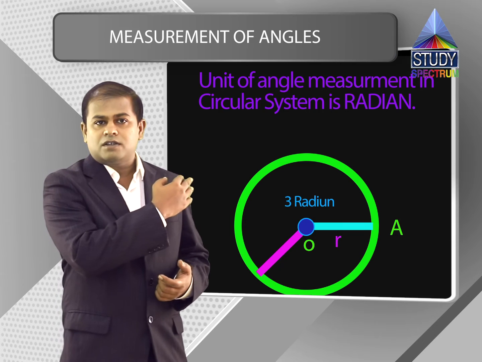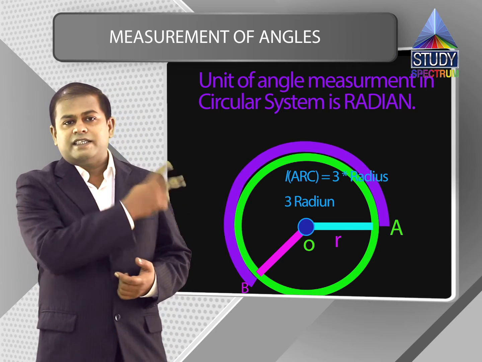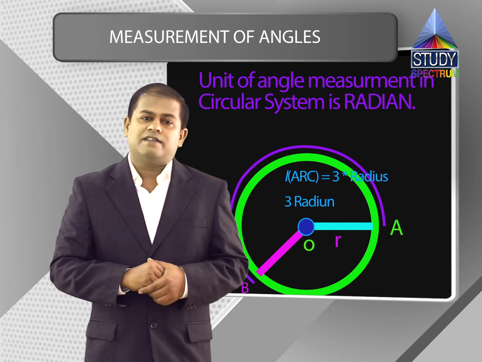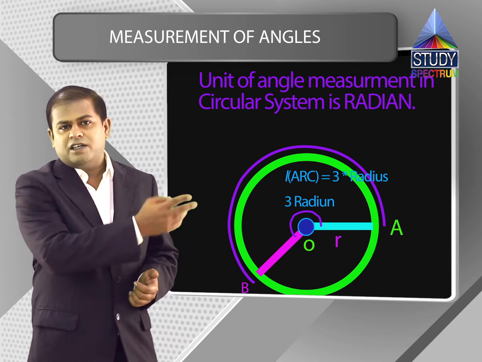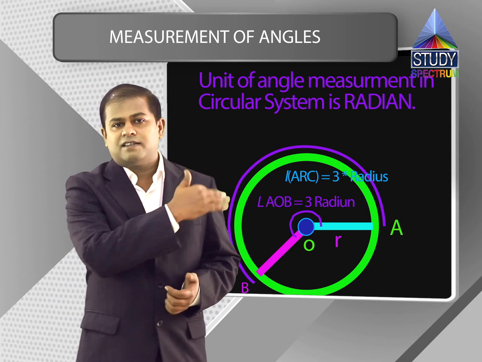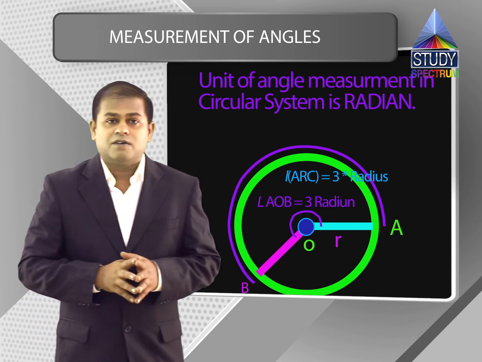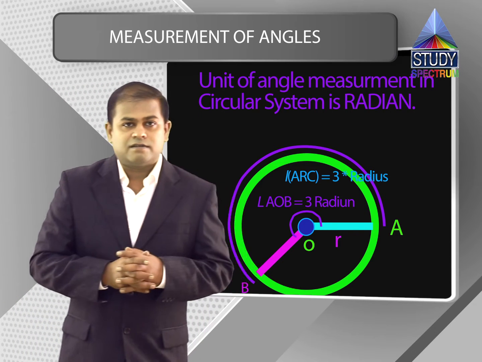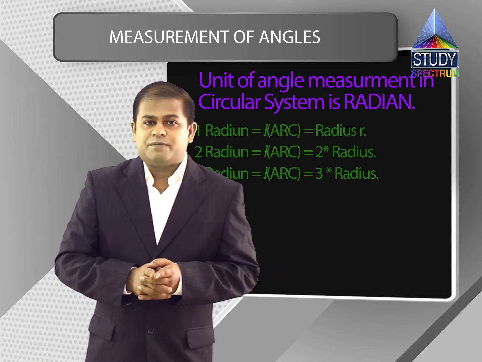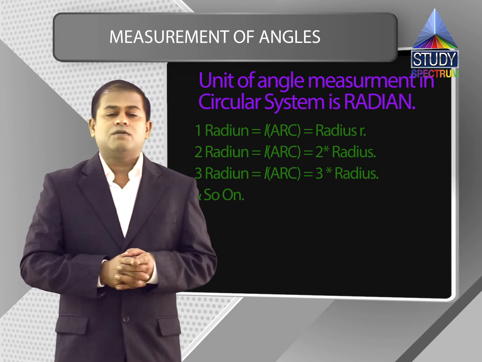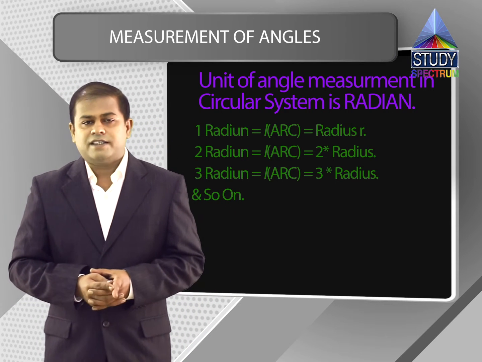If the length of arc is 3 times the length of radius, then we say the angle is of measure 3 radians. Similarly, you can see in the figure 4 radians, 5 radians and 6 radians. Okay, so now we have an idea. 1 radian is the measure of an angle which subtends an arc whose length is equal to the radius. Right?